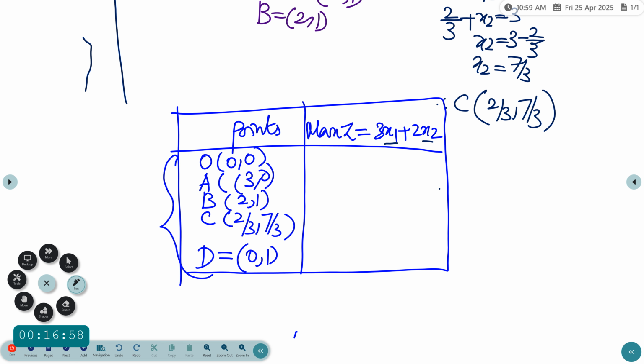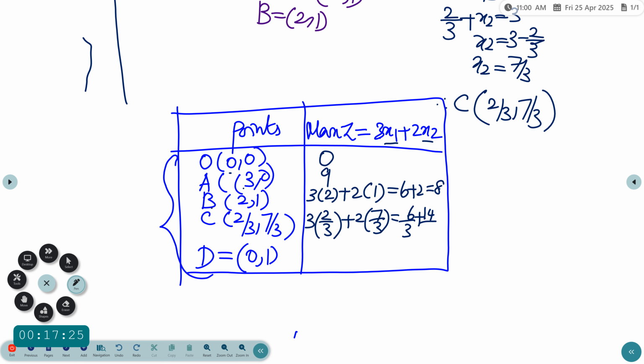x1 equal to 0, x2 equal to 0. So first value 0. Then second point, x1 equal to 3. 3 into 3, 9. Then third point, 2 comma 1, 3 into 2 plus 2 into 1, 6 plus 2 equal to 8. Then fourth point, 2 by 3, 7 by 3. 3 into 2 by 3 plus 2 into 7 by 3 equal to 6 by 3 plus 14 by 3, which is equal to 20 by 3.